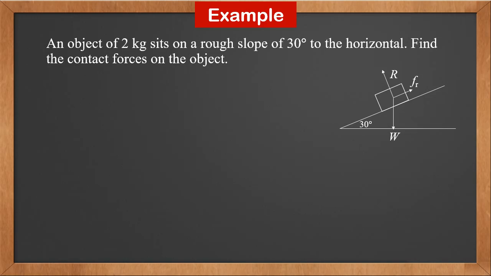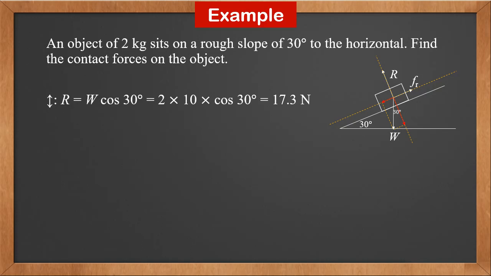Let's resolve W on two perpendicular directions. One is along the slope, and the other is perpendicular to the slope. This angle is 30 degrees. The resultant on both directions is zero.